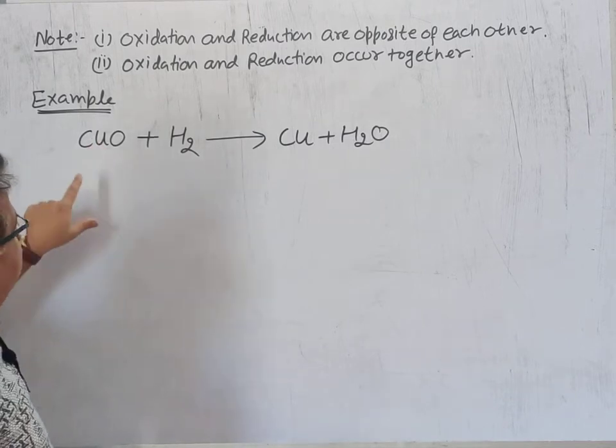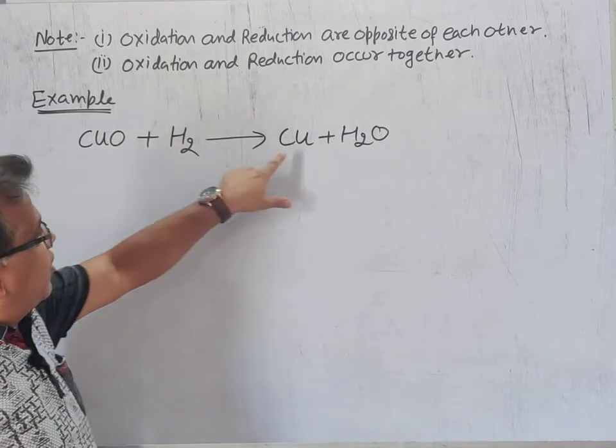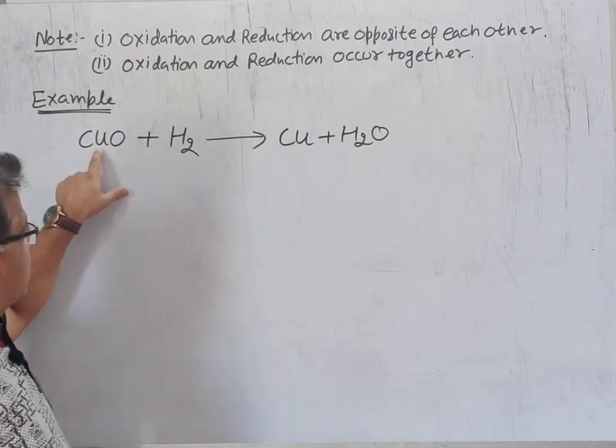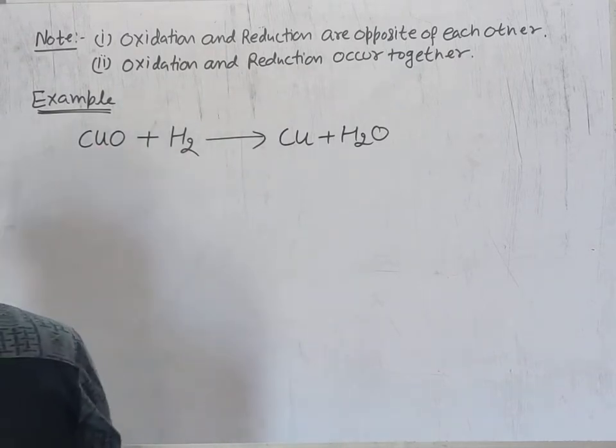So we can see that copper oxide converts into copper. Oxygen is removed.